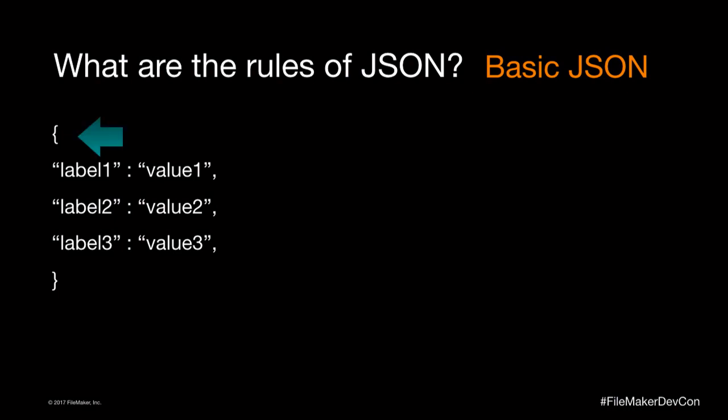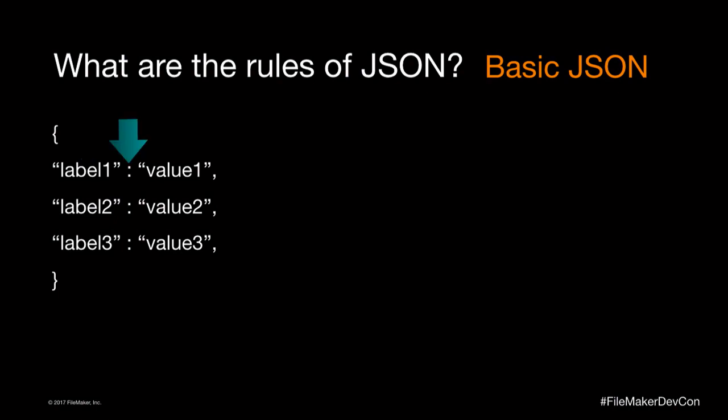Usually, this is what's called a JSON object. So a JSON object will begin with curly brackets. So object, curly brackets, first thing to remember. Right? So you then have the key, which we have put as label in double quotes here on the left-hand side. The key just identifies what you're going to use to extract the value out. So if we want to get value 1, I'm going to use label 1 as the key.